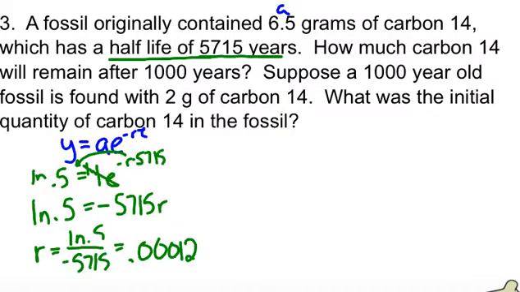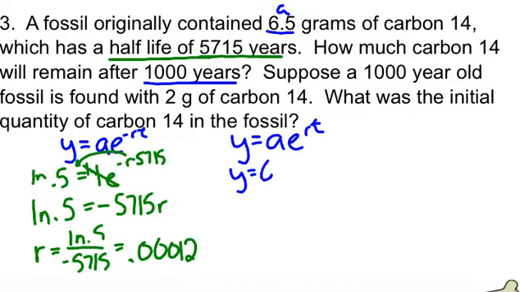Now we have enough information to answer the question they originally asked. So go back to this formula. Y equals a e to the rt. So we want to know how much will remain after 1,000 years. We started with 6.5 grams.